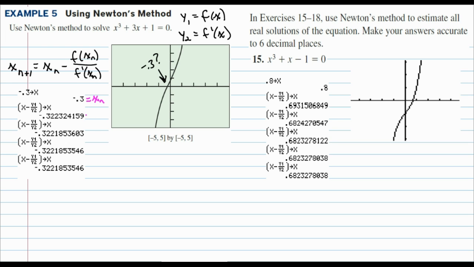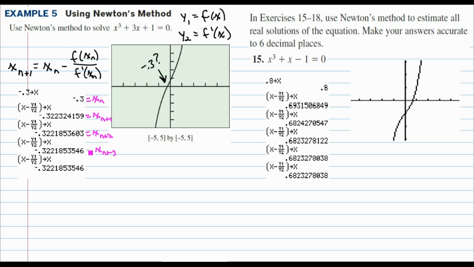So now my new x value is negative 0.322, etc. That's x sub n plus 1, my new one. Now I'm taking x sub n plus 1 and subtracting y1 divided by y2 of that new x value and storing it as my new x. So my new x, x sub n plus 2, is going to be this value. Now I'm taking that new x value and using Newton's method to approximate an even closer attempt at a zero, and I get x sub n plus 3.